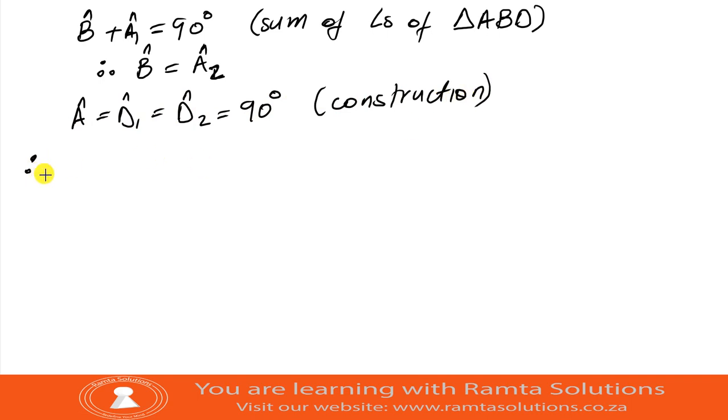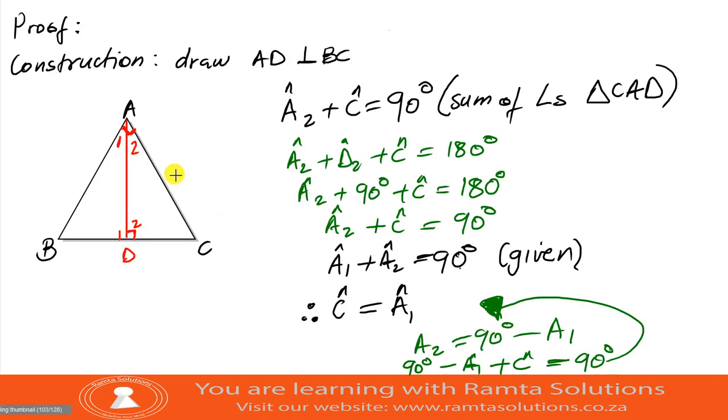Therefore, let's start with triangle ABD. Triangle ABD is similar to, I'm going to take the main triangle. Triangle ABD is this one here. Can you see it? This is the hypotenuse. What is the hypotenuse?